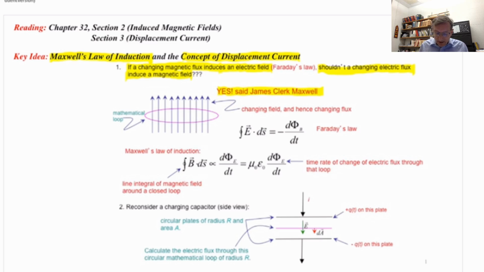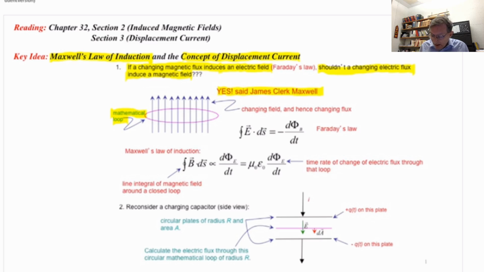So here I have drawn a very schematic mathematical loop. Think of that as a circle, a circular mathematical loop. You're looking at it kind of from a perspective. And there are field vectors piercing the inside of that loop, the surface that is the interior of the loop. And that gives you a flux, and that flux is changing with time.